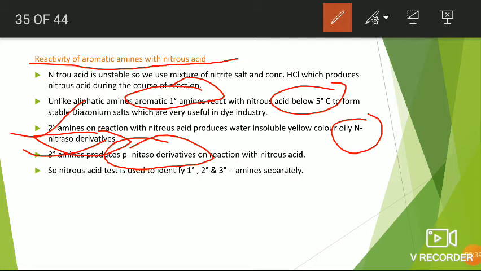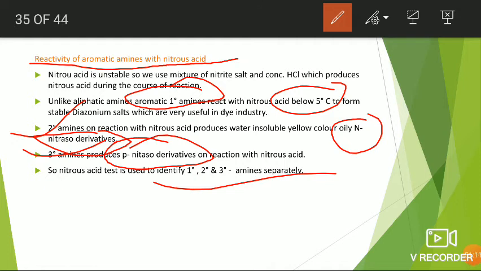But in the case of aromatic tertiary amines, we get a para-nitroso derivative where the nitroso group is substituted at the para position. So it is useful to differentiate primary, secondary and tertiary amines. That is, the nitrous acid test is very useful to differentiate primary, secondary, tertiary amines from their mixture.